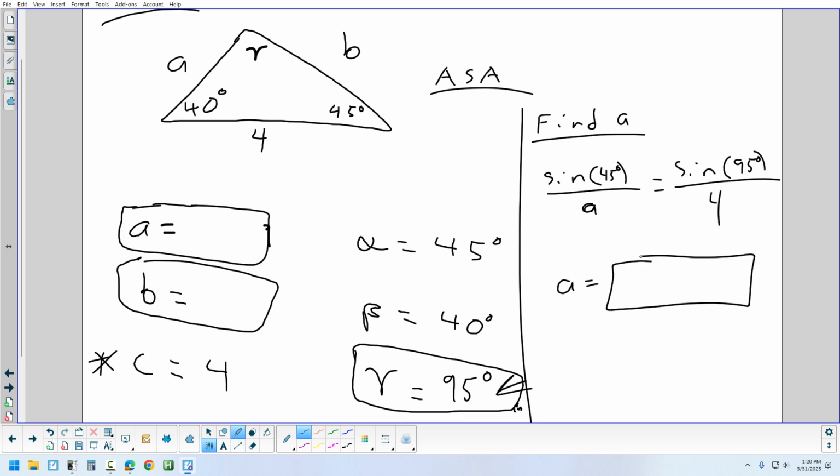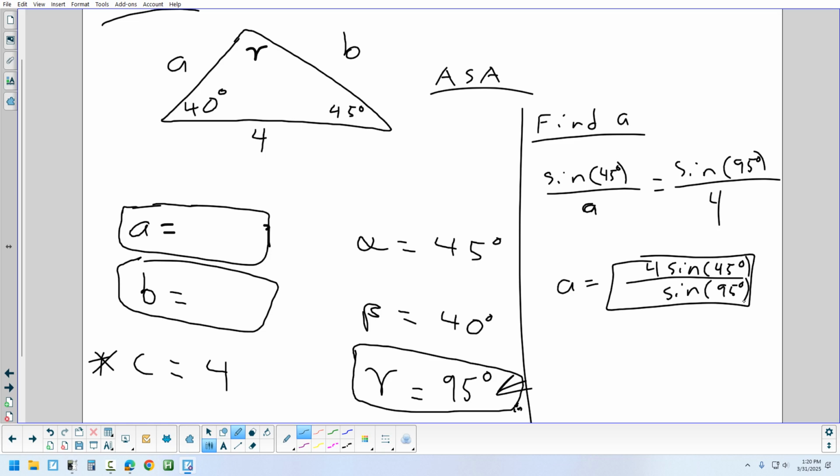Okay, so when we cross multiply, can anybody tell me it's going to be what times what divided by what? A equals sine 45 divided by sine 95, or is it the other way around? The 4 is in there somewhere too. That's right, 4 sine 45 over sine 95. And you'd have to divide by sine 95.